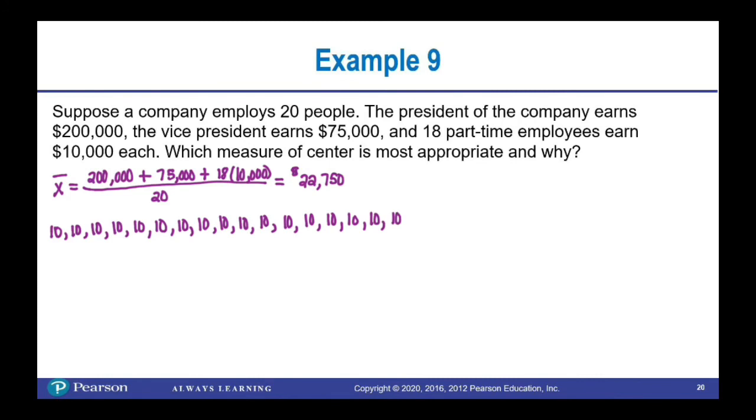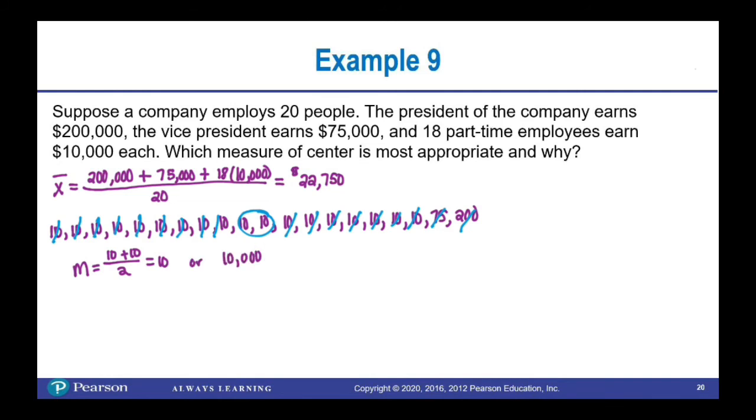Then we have the vice president who earned 75,000, so 75, and the president who earned 200,000, so 200. Mark off a value from either end until you get to the middle value. Since we have two values in the middle, we add our two values and divide by 2, and so our median here is 10, or 10,000.